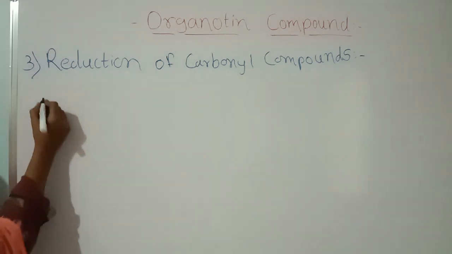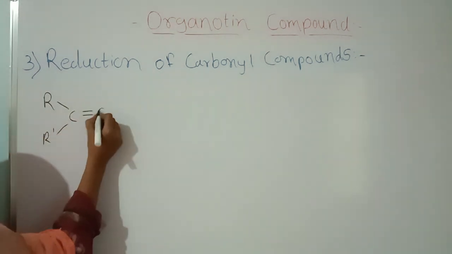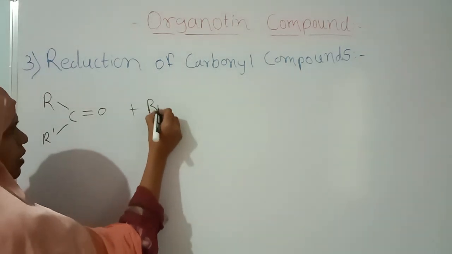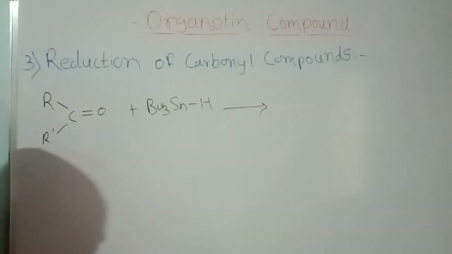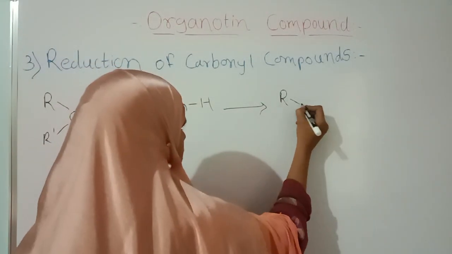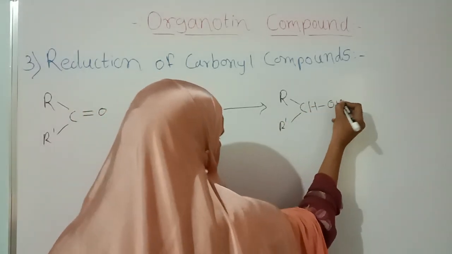Okay, let's see. RC, okay, this is your ketone, reacted with tributyl tin hydride. Then what will be the product? R dash CHOH. Okay.